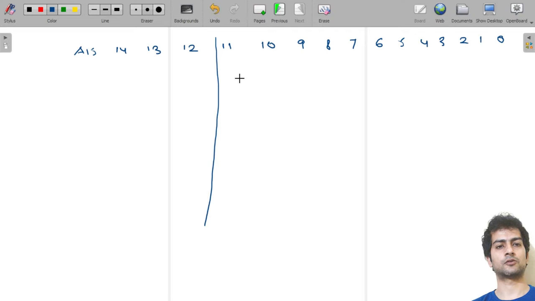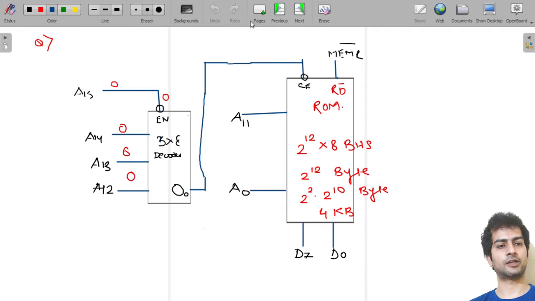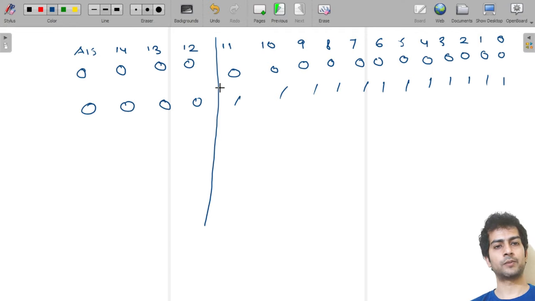So let's put 000 here. All will be our 0. Let's put 111. Then A15 to A12, this all will be 0000000. So what will be the range?